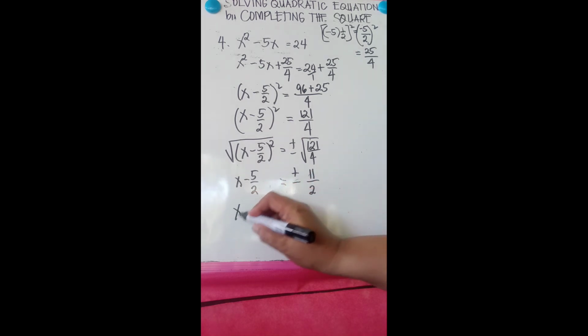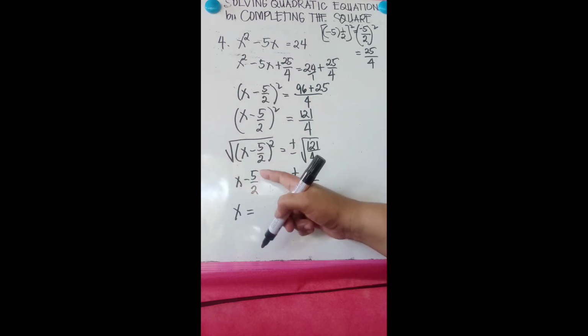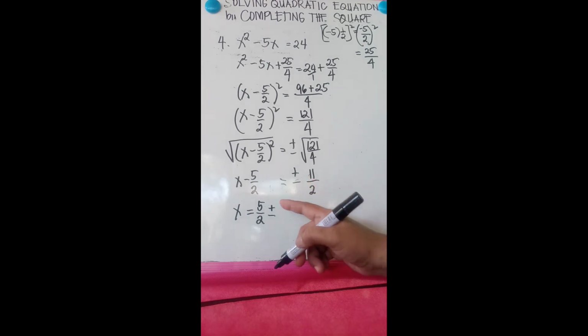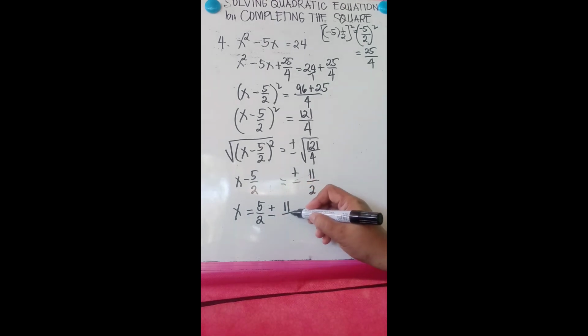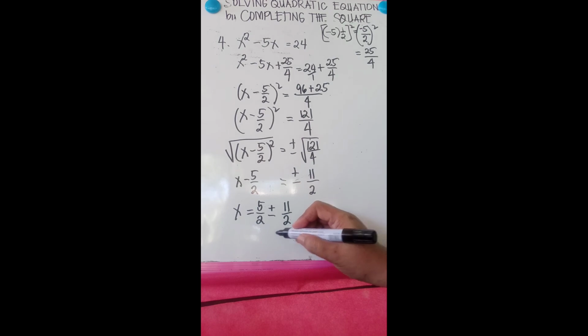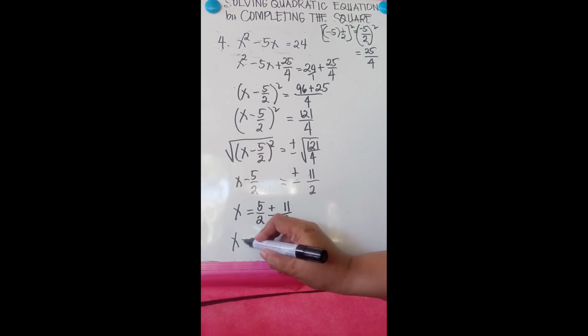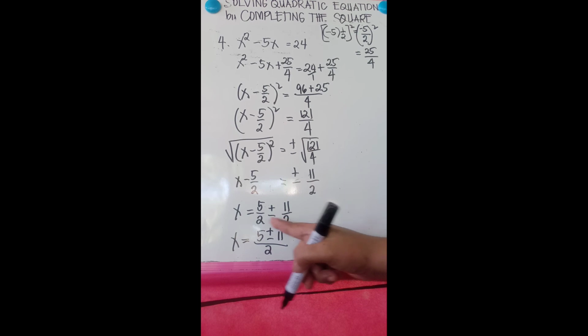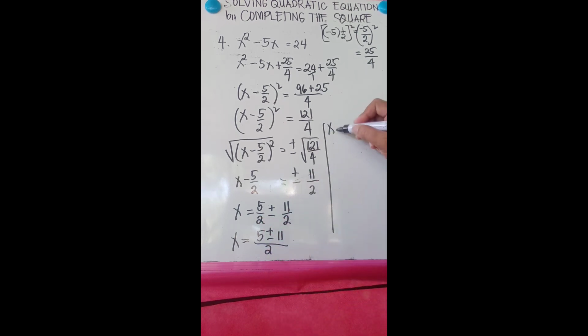So, to solve for x, we have now x equal to, ilipat natin dito sa right si negative 5 over 2. So, magiging positive 5 over 2. Then, positive, negative, or plus or minus 11 over 2. Okay, so this is x is equal to 5 plus or minus 11 over 2 since the denominators are the same.